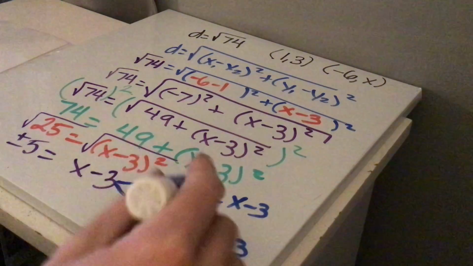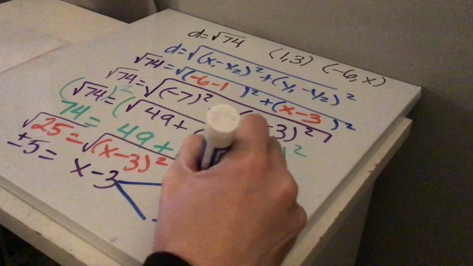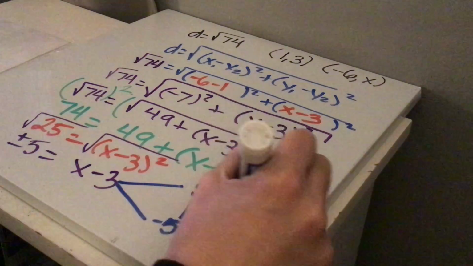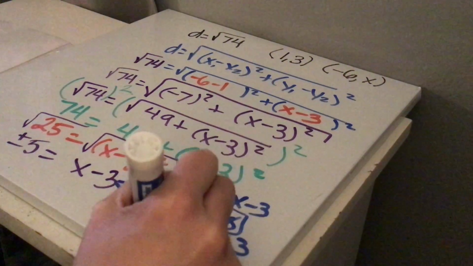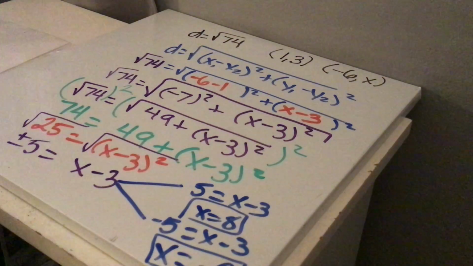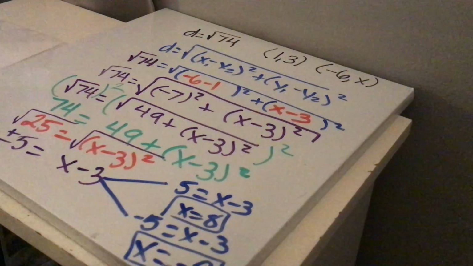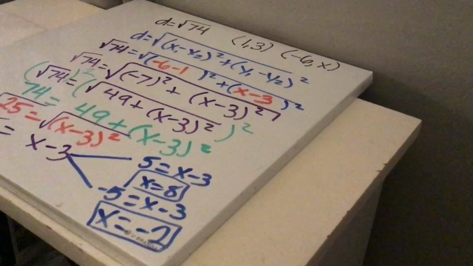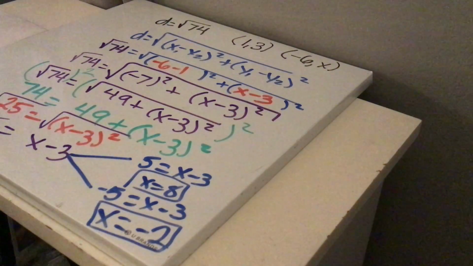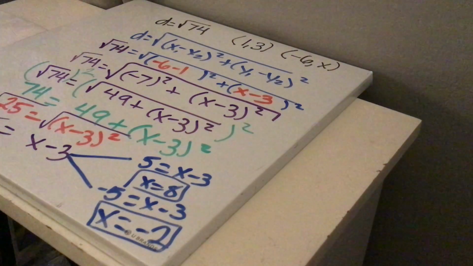Then solve for x. You add 3 to both sides, so we get x equals 8. Or add 3 here, we get x equals negative 2. X is not a measurement, so x could be either one. So positive 8 or negative 2. So that is your distance and midpoint formula.